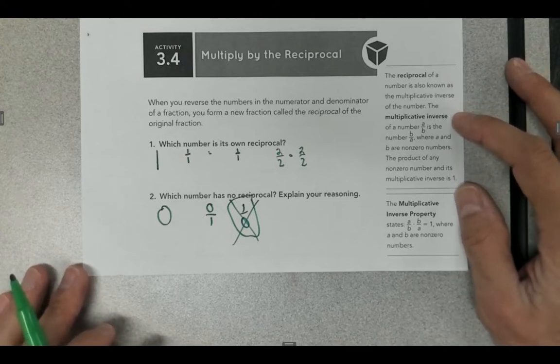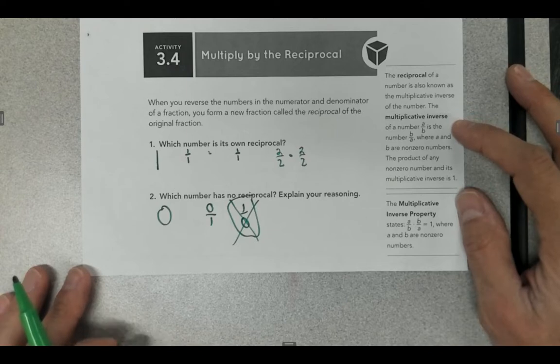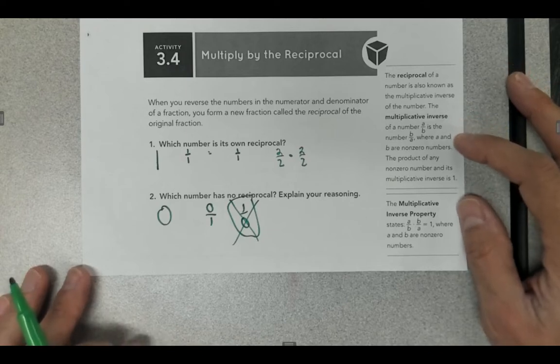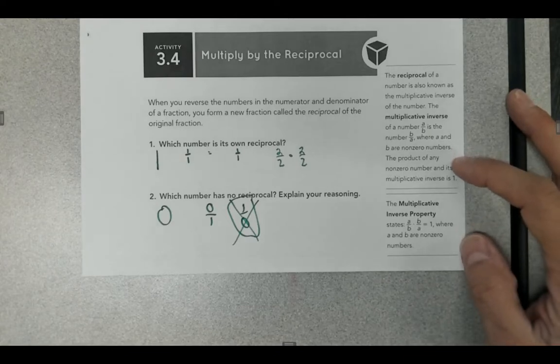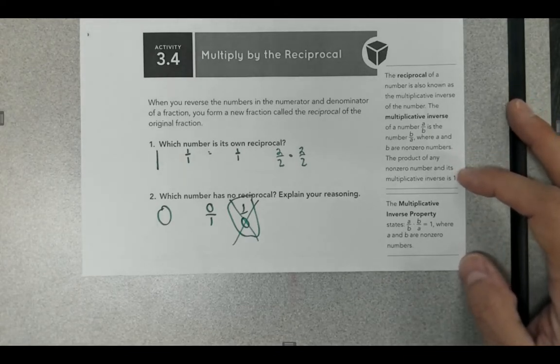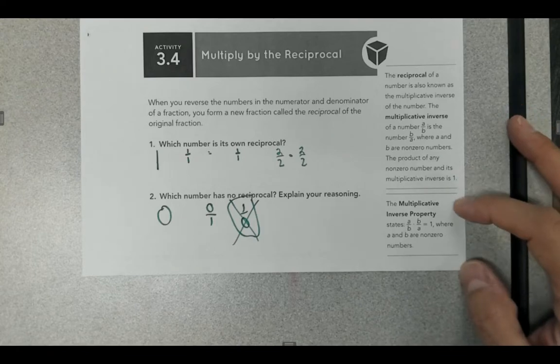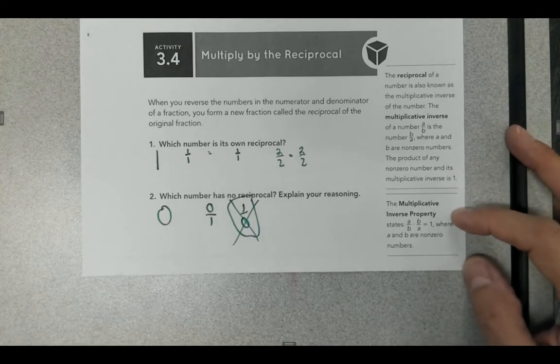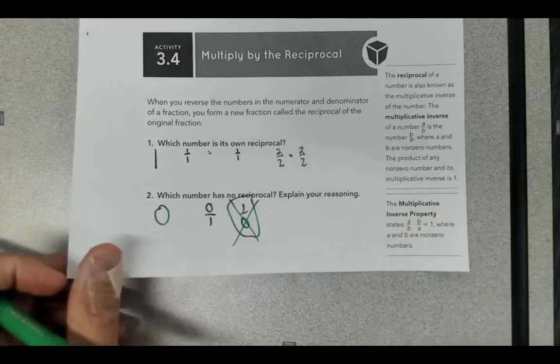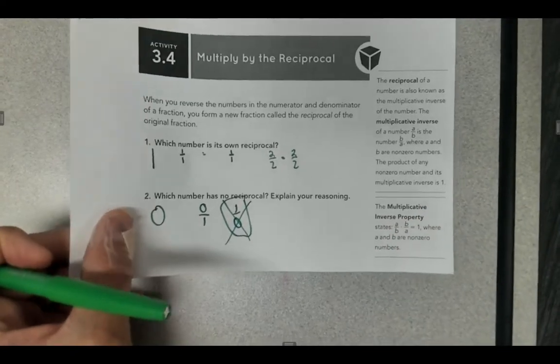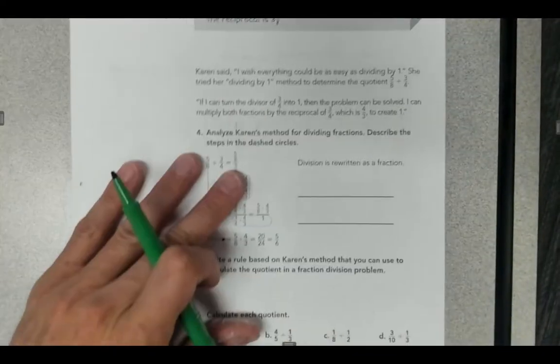The multiplicative inverse of a number a over b is the number b over a, where a and b are non-zero numbers. The product of any non-zero number and its multiplicative inverse is 1. The multiplicative inverse property states a over b times b over a equals 1, where a and b are non-zero numbers. So basically, what we're going to do on the next slide will show some of these.